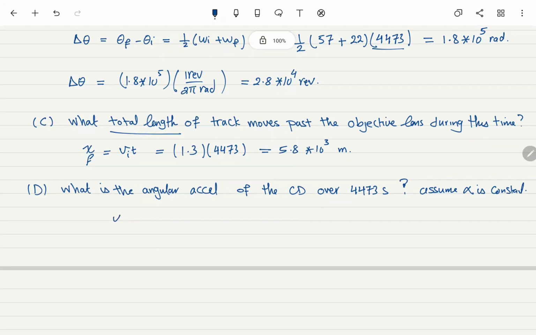Now alpha is equal to delta omega over the time interval, so omega final minus omega initial divided by t, which equals 22 rad per second minus 57 rad per second divided by 4,473 seconds, which equals minus 7.8 times 10 to the power minus 3 rad per second squared, which means the disk experiences a very gradual decrease in its rotational rate as expected.